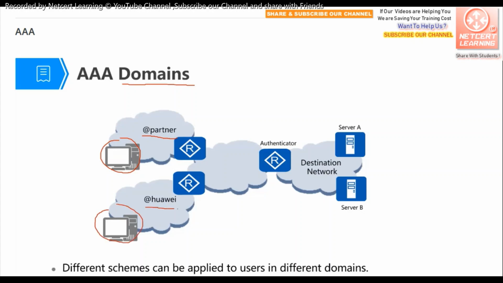Different users in different domains. And different domains will have different privilege levels. They will have different authorizations to access different destination networks. Okay, so it will be easy for us to manage all of the network resources and to manage all of the hosts.